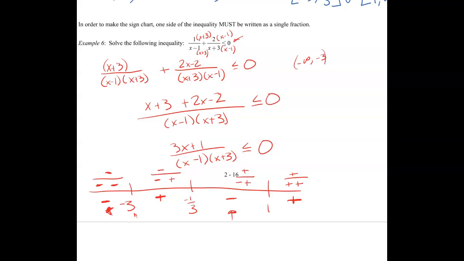And then it's also negative on this little interval here, from -1/3 all the way to 1. But again, it has that equal-to bar, so this time I can actually include my intercepts, where it crosses the axis going from negative to positive or positive to negative. So I do not need parentheses on my regular numbers this time.